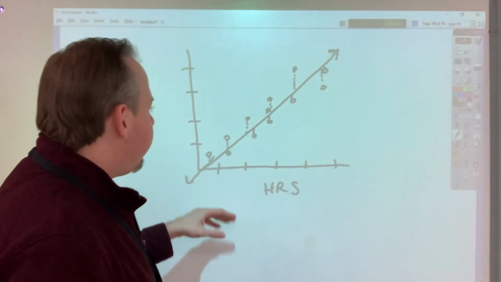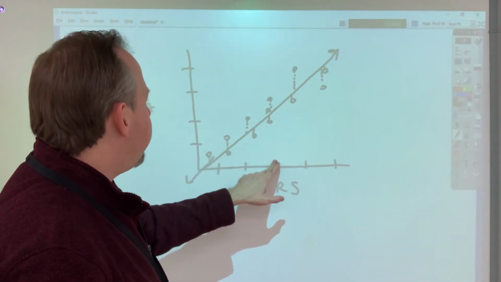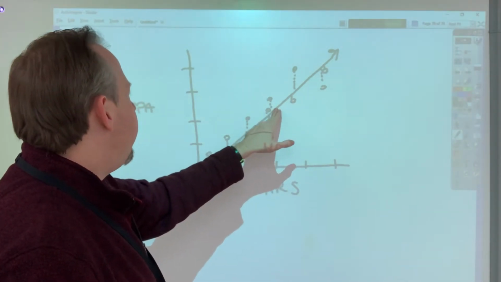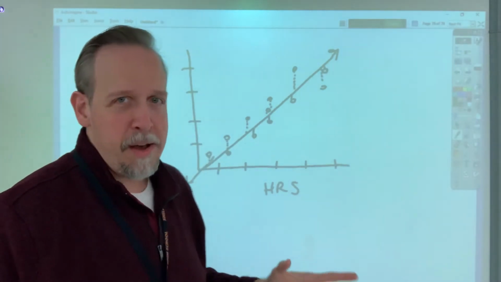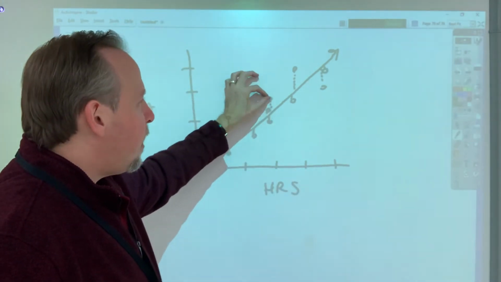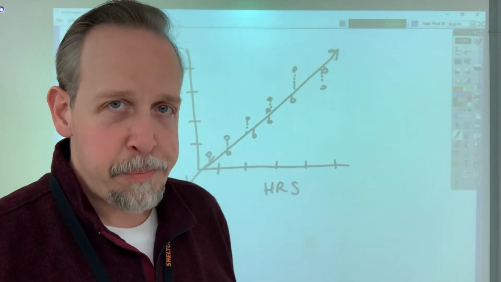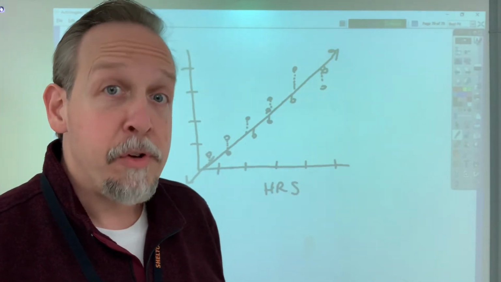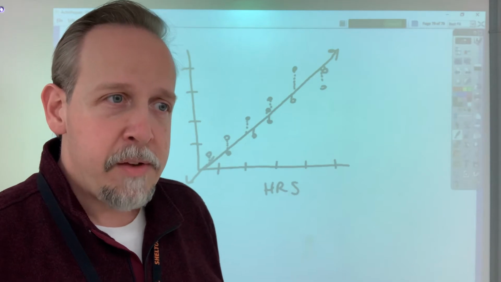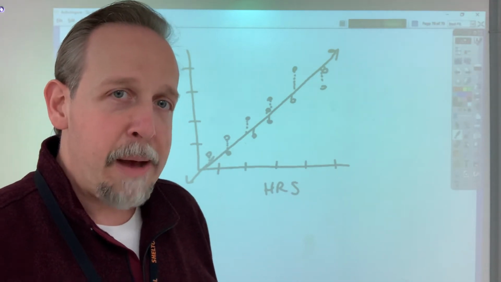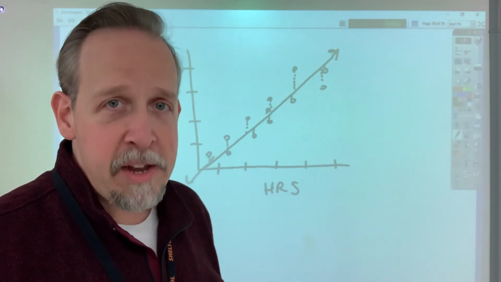For instance, if I studied for 3 hours, I'd predict a GPA of 2.5, whatever, it doesn't matter. But the distance from the data point to the line that predicted it is called a residual.